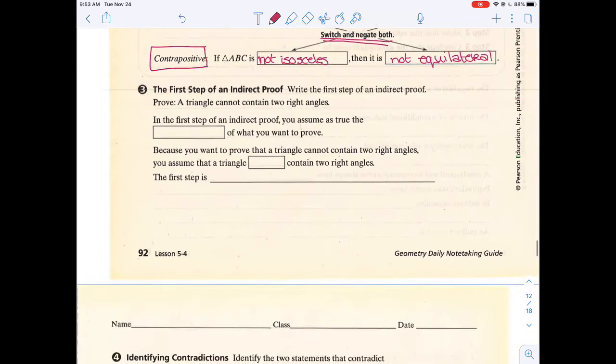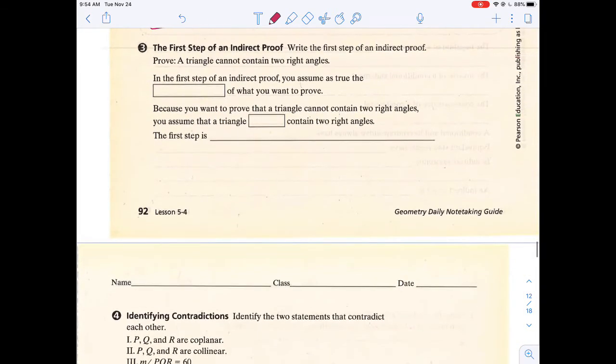Alright, then let's look at the steps for an indirect proof. We're just going to write the first step for this proof. So we're trying to prove a triangle cannot contain 2 right angles. The first step is to assume that the opposite is true. So we're going to assume as true the opposite of what you want to prove. Because you want to prove that a triangle cannot contain 2 right angles, you assume that the triangle can.